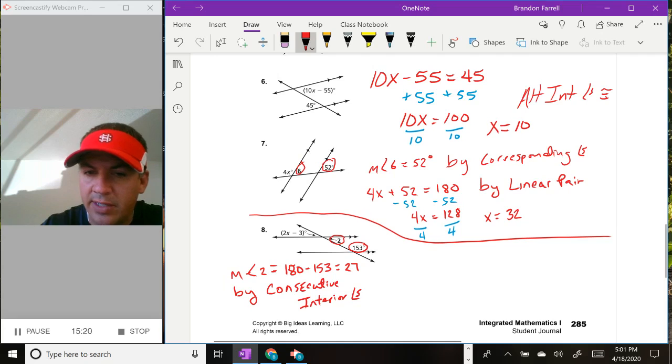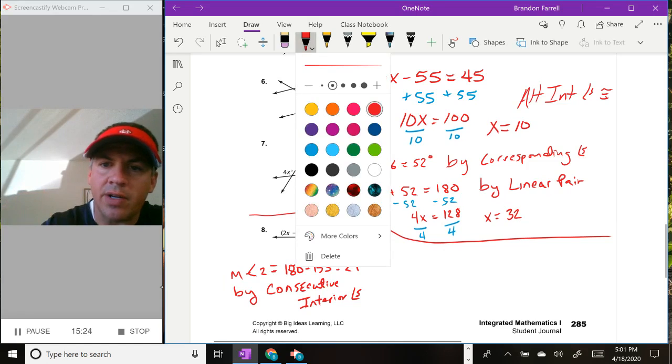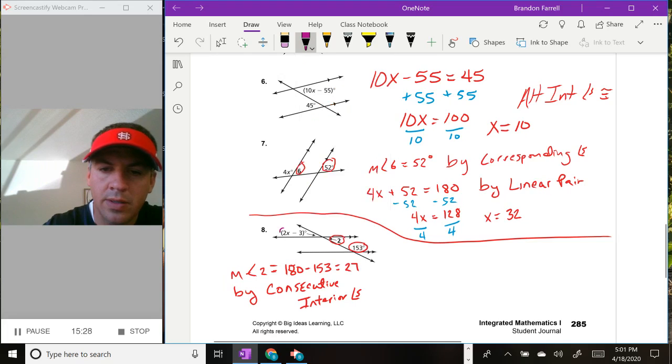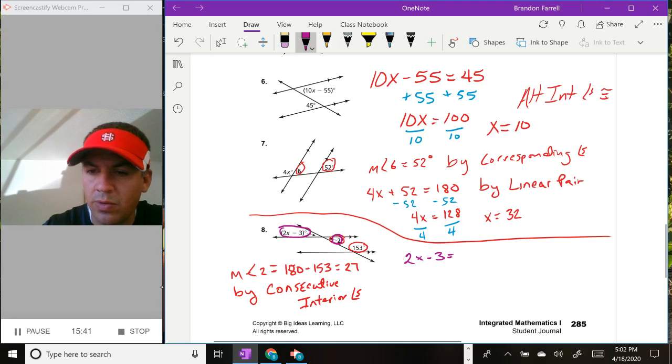All right. So if the measure of angle 2 is 27 degrees, then what we're going to be able to find out is the relationship between 2x minus 3 and angle 2 is going to be vertical. So 2x minus 3 is equal to 27.